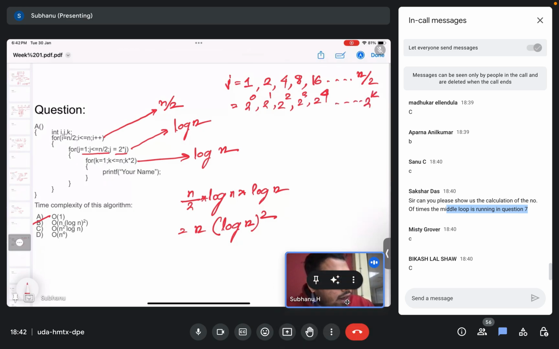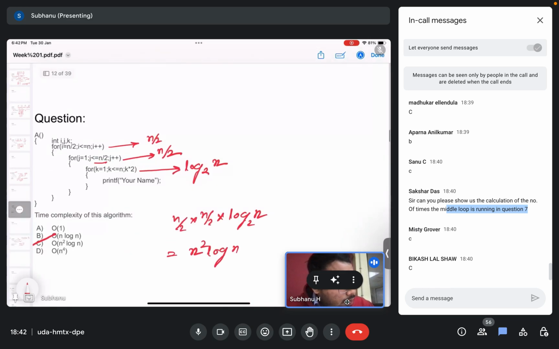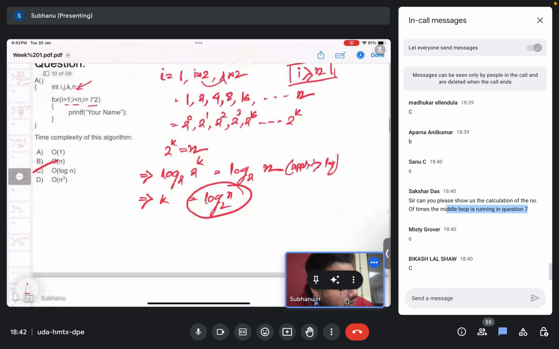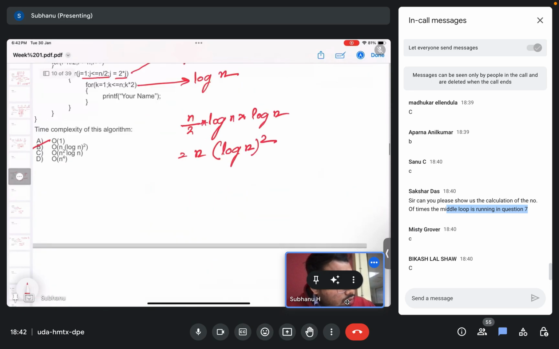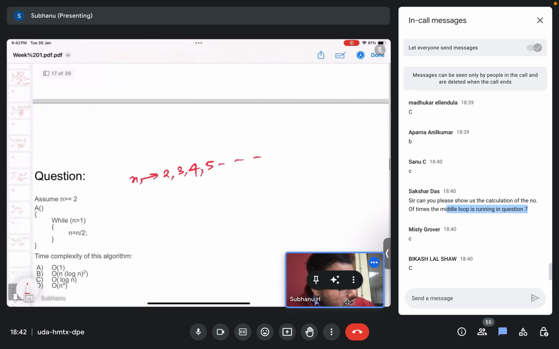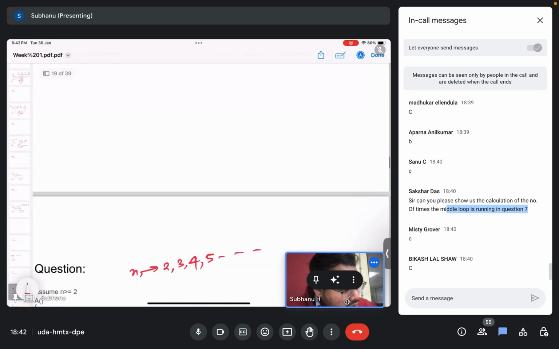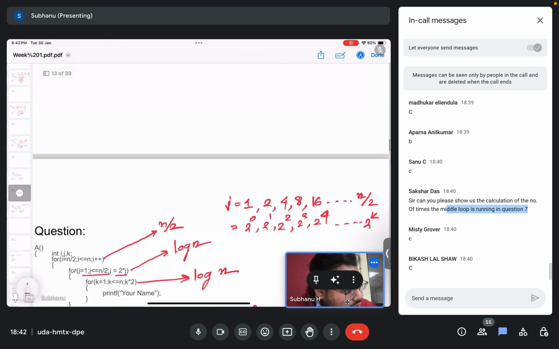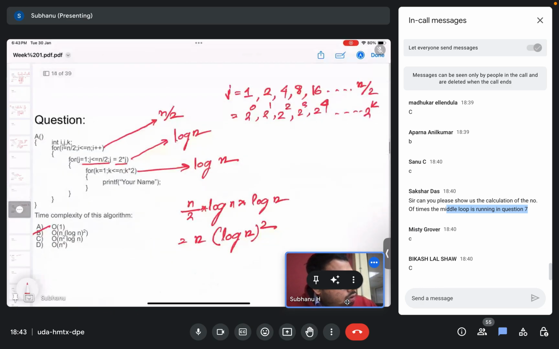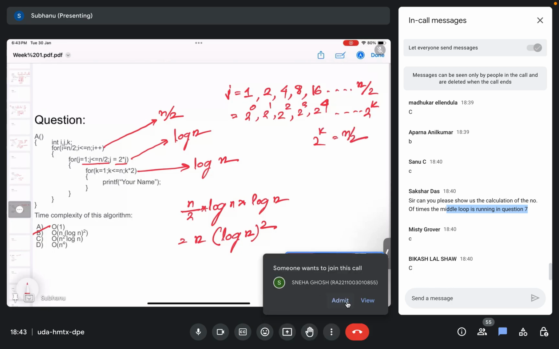As I have also shown you in the previous question, these two are equal. Yeah, this one. So 2 to the power k is equal to n by 2. So this is basically 2 to the power k plus 1 is equal to n.